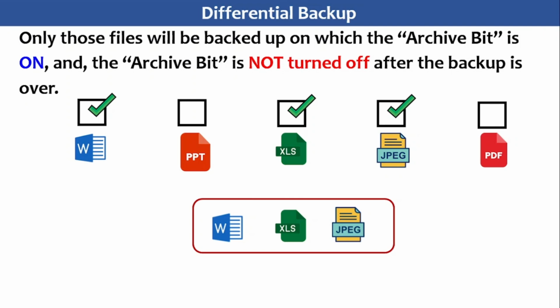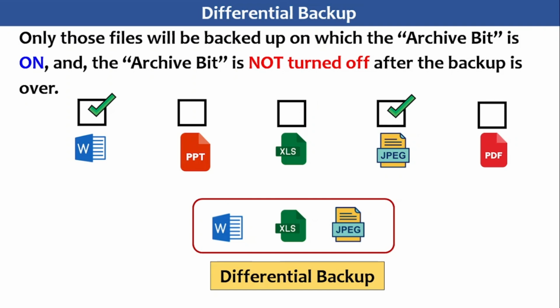However, the archive bit will not be turned off after the backup is completed. It will remain as it is. Differential backup will only look at the archive bit before the backup. After the backup it will just ignore the archive attribute. So hope you have understood all the three types of backups.